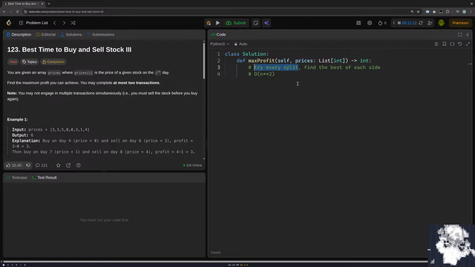But in the limit, it's going to be n, because you could have a maximally jaggedy graph where it goes all the way to the max and all the way to the min on every other number. Then you would have to try every split. You never have to try a split while it's going up or while it's going down, because you know there's no transactions that take place outside of the local maxima and minima.